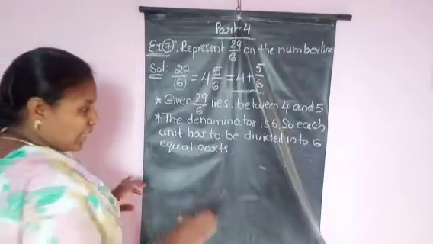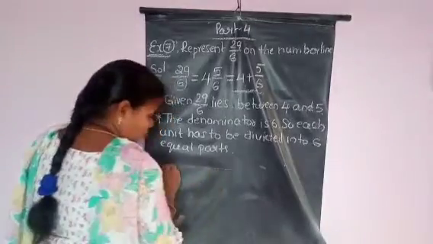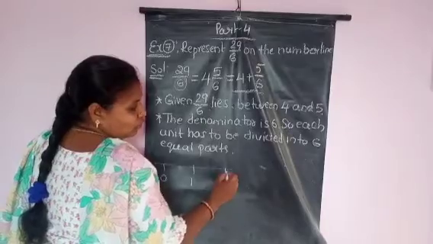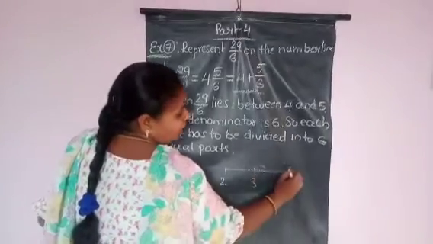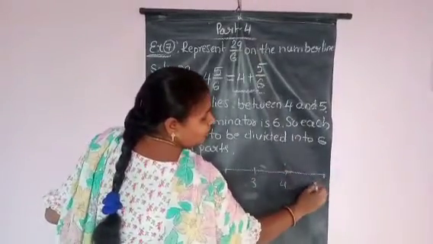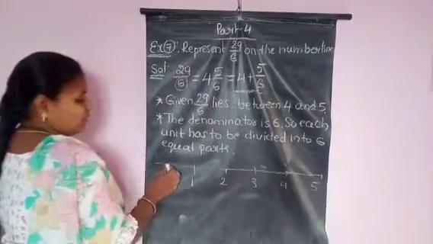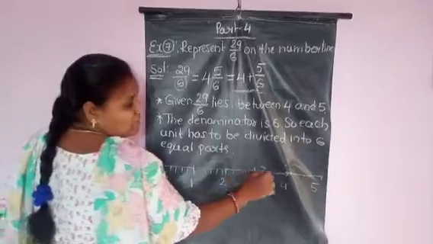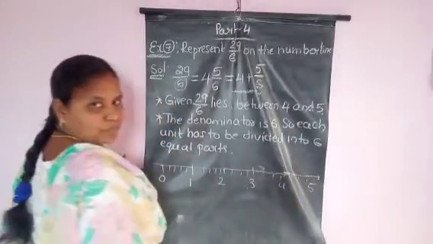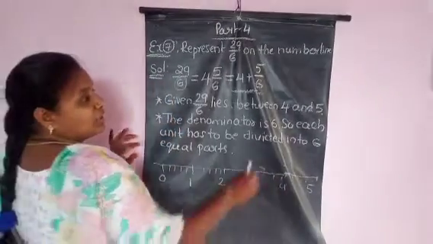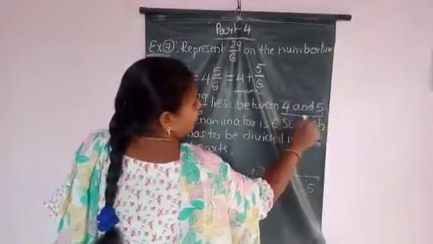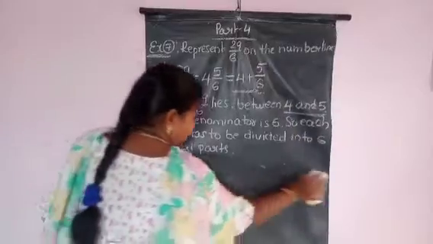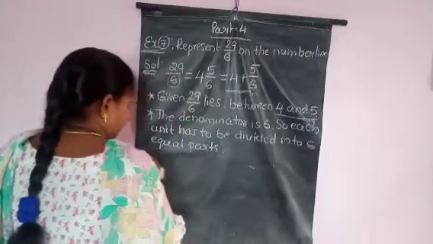So the gap between 0 to 1, 1 to 2, 2 to 3, 3 to 4, 4 to 5, all these units, each unit has to be divided into 6 equal parts. We know that this lies between 4 and 5, so I am representing only 4 and 5.